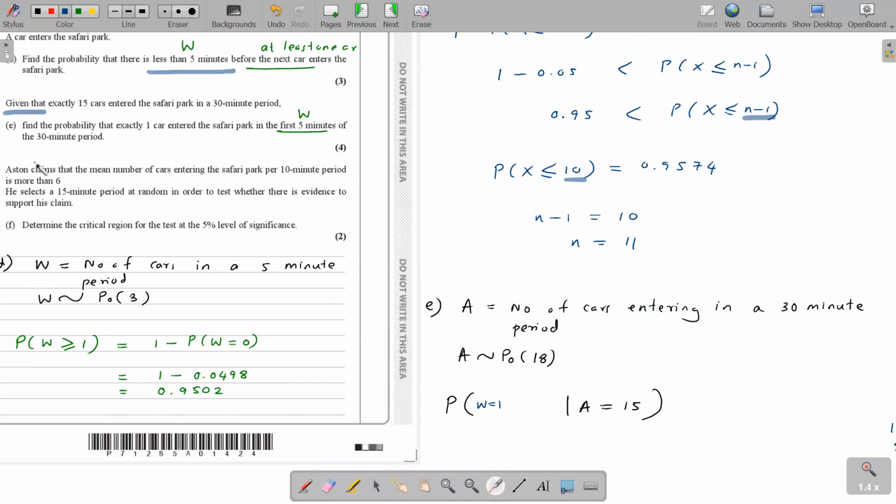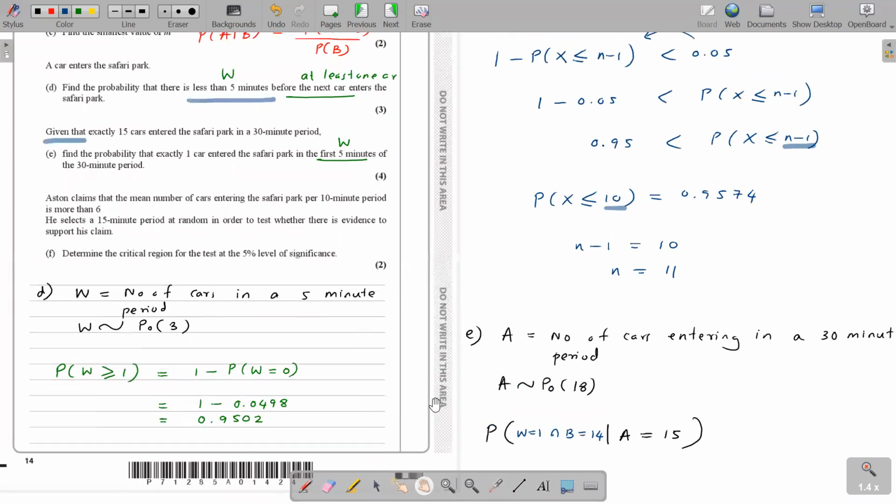And the remaining 14 should enter in the remaining time, isn't it? What's the remaining one? B, right? And B is 14. Are you with me? So W is 1 and B is 14, given that A is 15. Can you see all these intervals? All these different time intervals are getting different variable names.